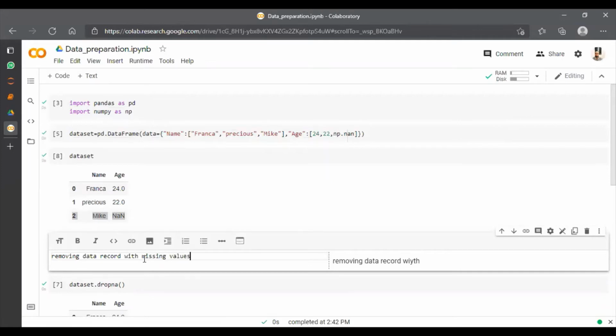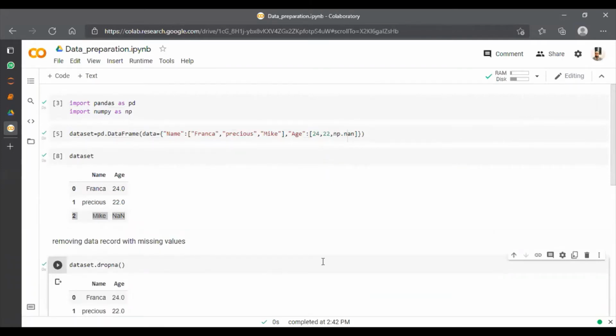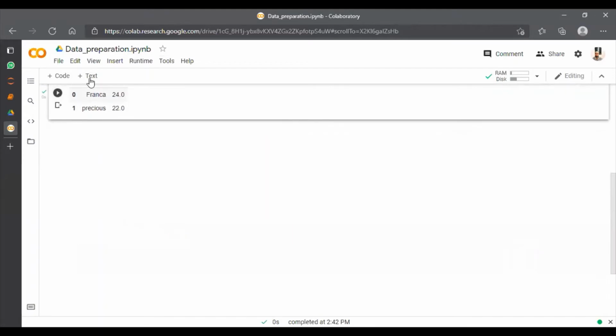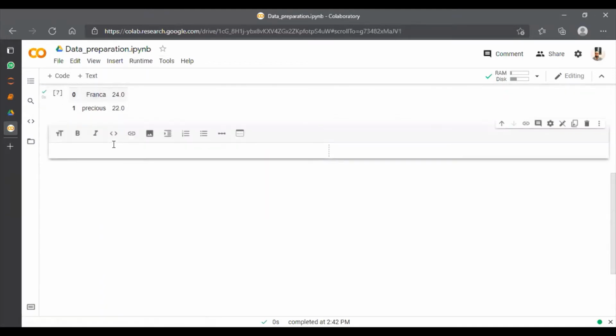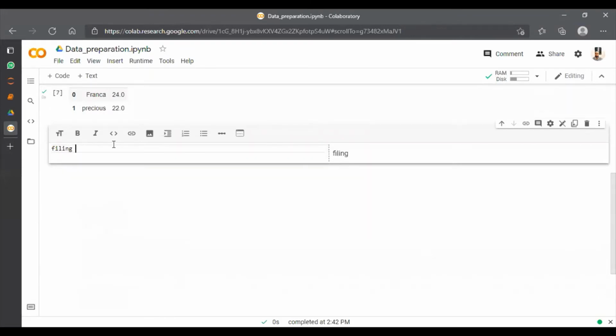So another thing that we can do is filling the missing values. Filling missing values. I told you that the pandas library is a collection of code that's used for data analysis, manipulation, and handling.